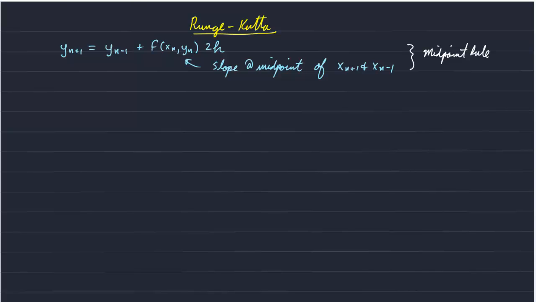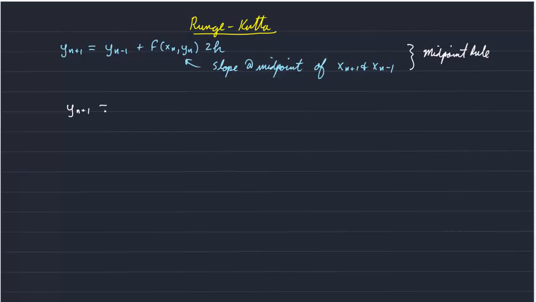But Runge-Kutta gets around that. The way it does it is, instead of estimating the midpoint between 2 points separated by 2 increments, we can estimate the midpoint between 2 adjacent points.